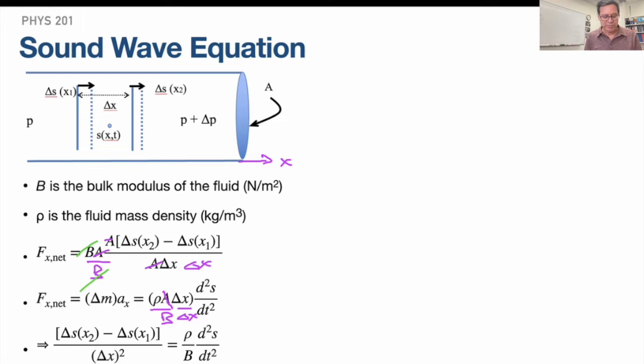And that means it comes in the denominator with delta x squared here. So I have the change in the position on the right side, s at x2, minus the change in the position s at x1 from that pressure wave coming by, over the size of the volume of air, which was delta x squared, and that equals rho over b, 2 time derivatives of the position s.